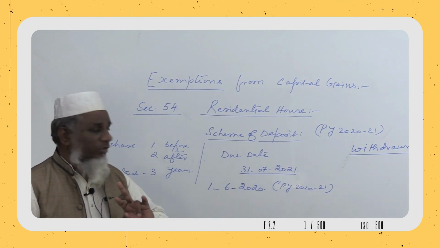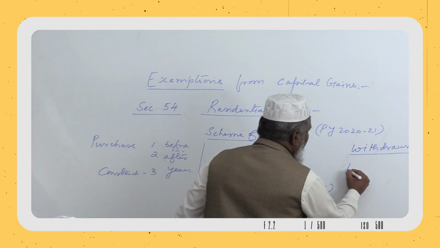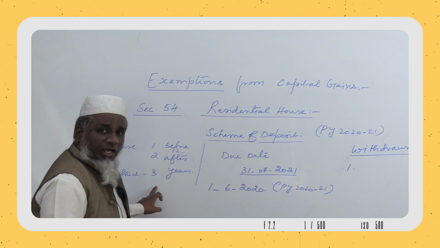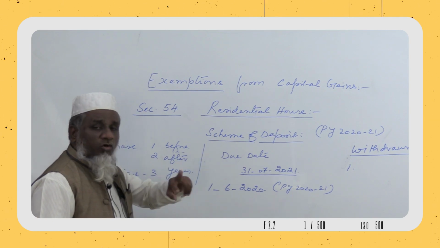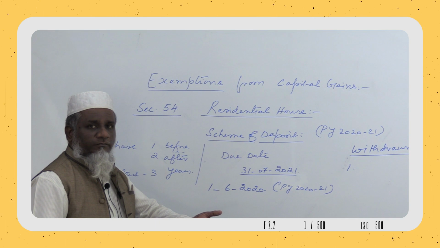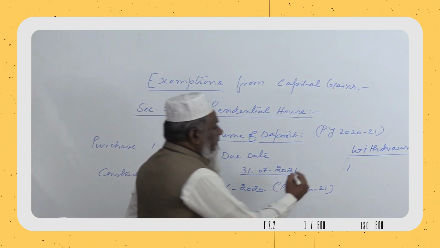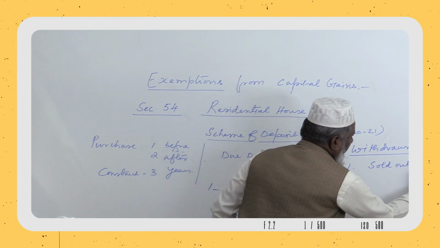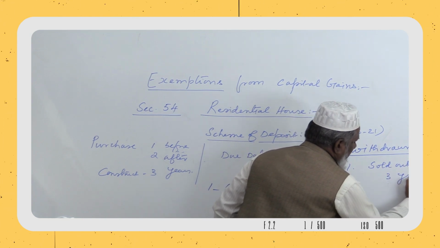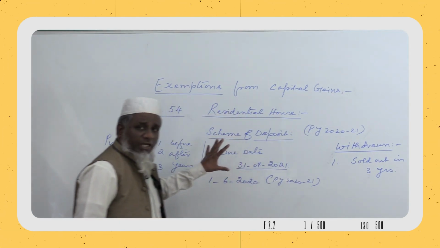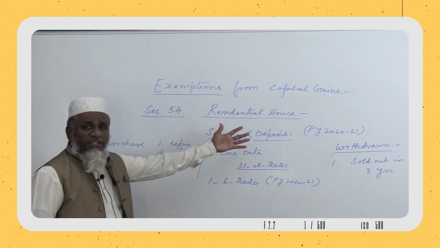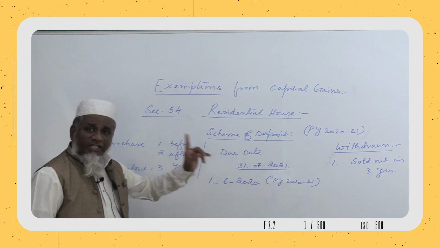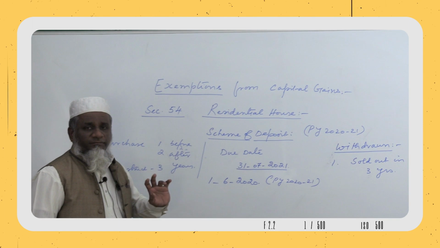First point is that the newly purchased asset or constructed house should not be sold in the next 3 years. I purchased a house in order to claim the exemption under section 54. Then at no cost should I sell that house in the next 3 years.